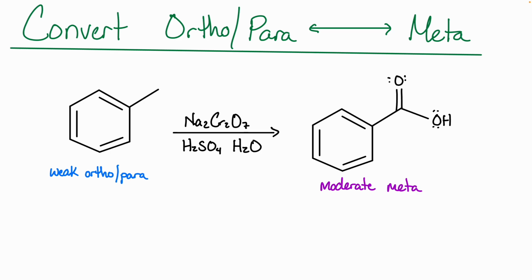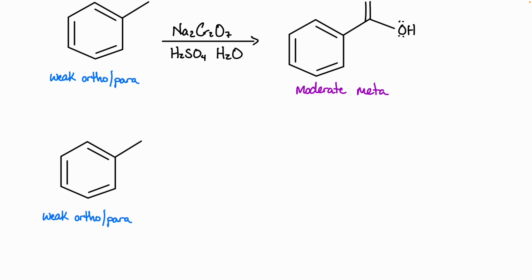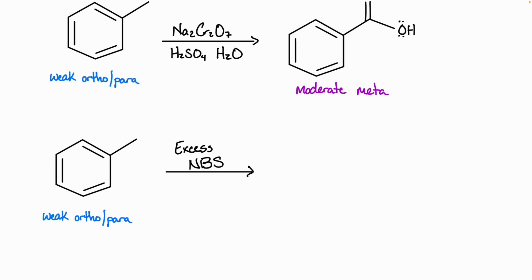All right, likewise, we can take that same reactant here. We can do our other benzylic reaction here. We're going to use a huge excess of NBS. NBS will brominate that benzylic position, and if we use a ton of it, it's just going to occupy all possible sites with a bromine.